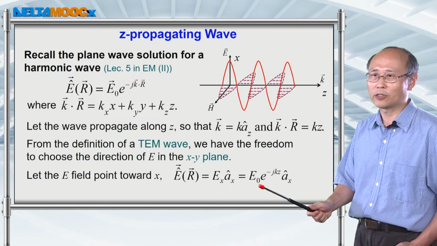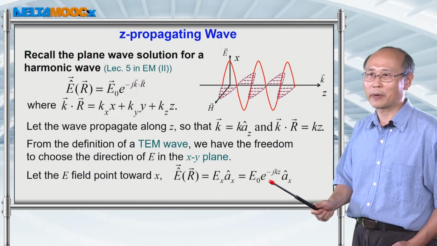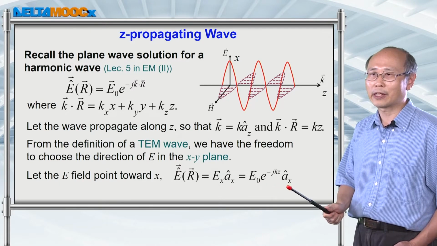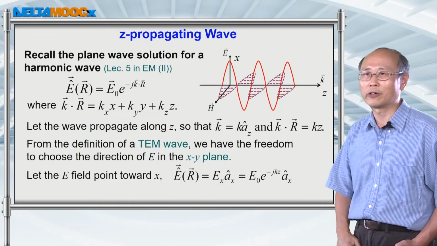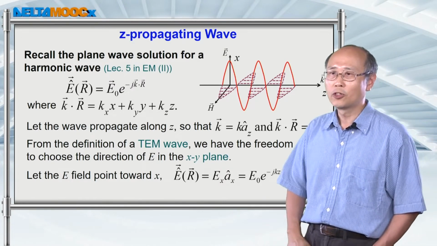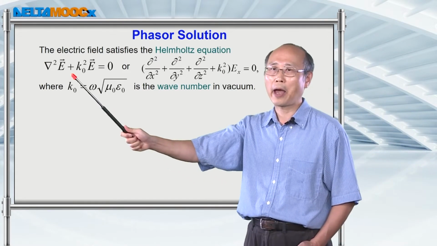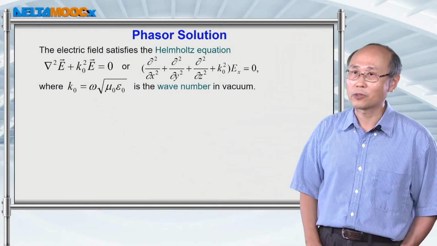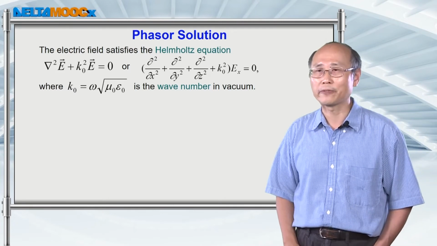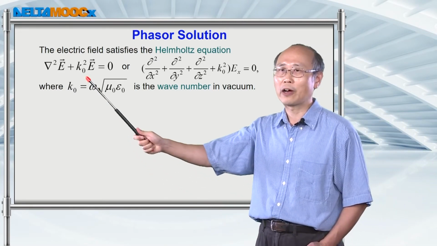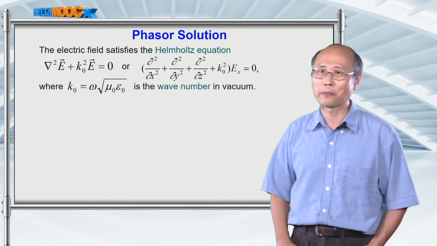There's an amplitude associated with it, and then exponential minus jkz, and the direction of this electric field is along x direction. So we use this as a trial solution and put it into Helmholtz equation, because whenever we deal with harmonic wave, we always start the analysis from this Helmholtz equation.